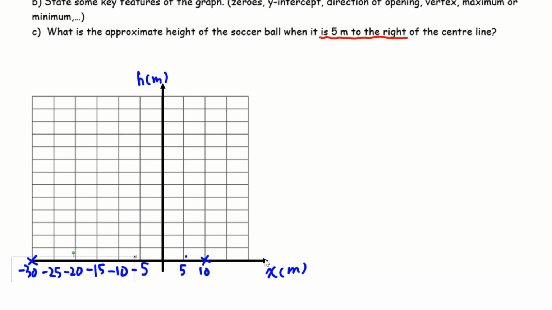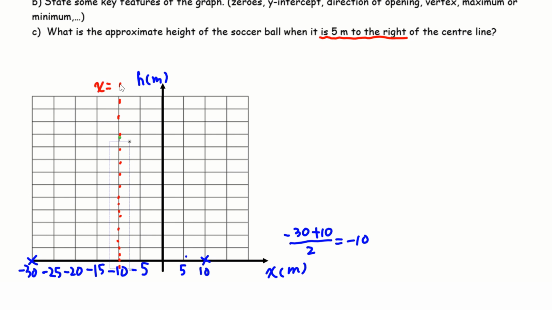So we need to find the vertex. It will be the middle of these two x-intercepts. So -30 plus 10 divided by 2 gives us -10. So the axis of symmetry of this path of the soccer ball will be x equals -10.